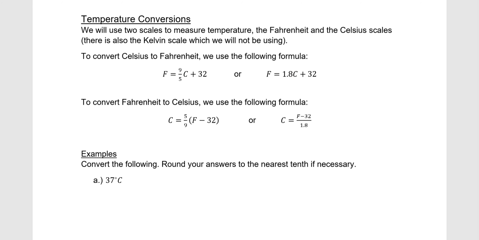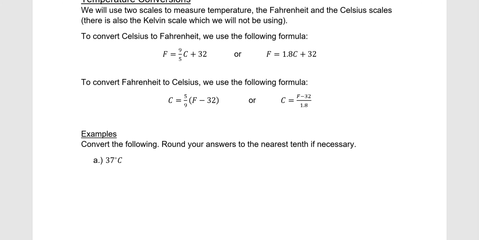So we get Celsius equals 9/5 times F minus 32, or Celsius equals F minus 32 divided by 1.8. Whichever one you want to know, they're both the same thing. It's usually a little bit easier using the decimal version if you're plugging them into your calculator.